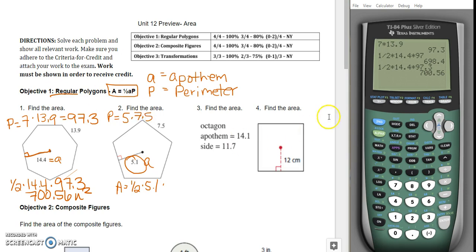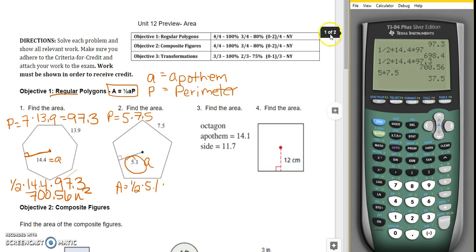So I'm going to go to my calculator. 5 sides times 7.5, I get 37.5. My perimeter is 37.5. That gets put into my formula, 37.5, and then I go back to my calculator.